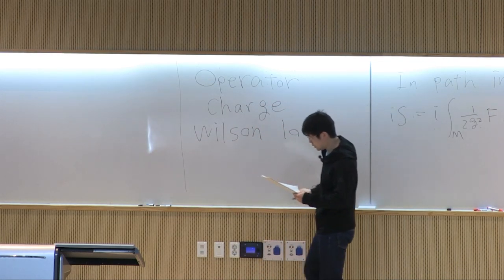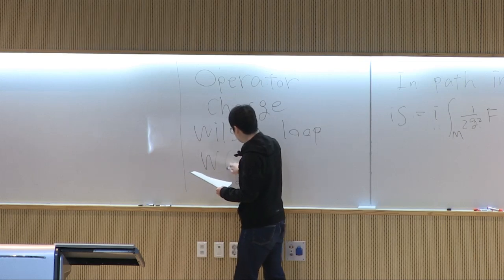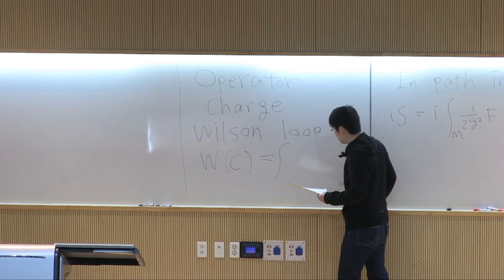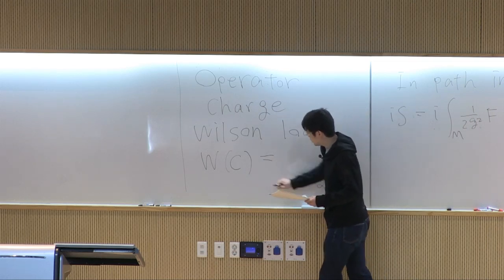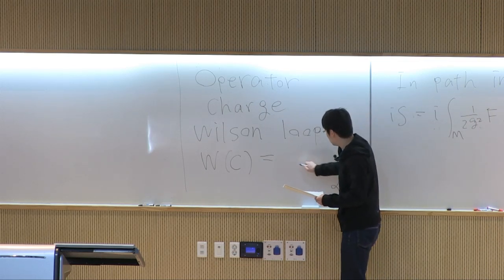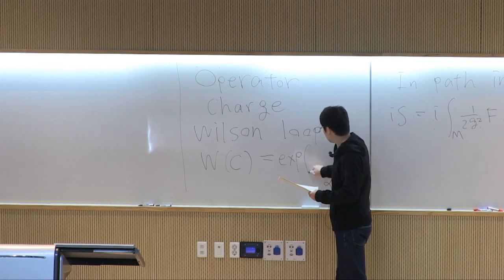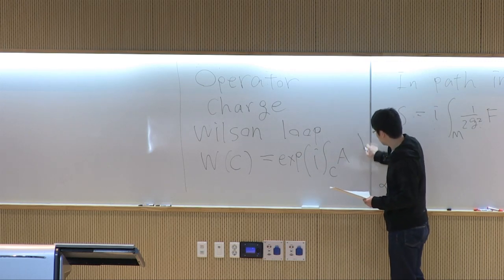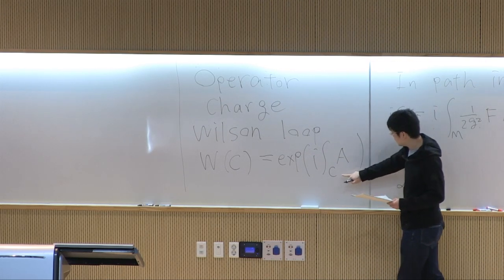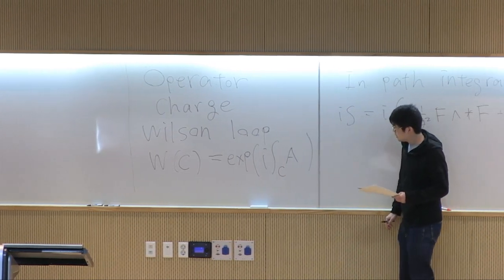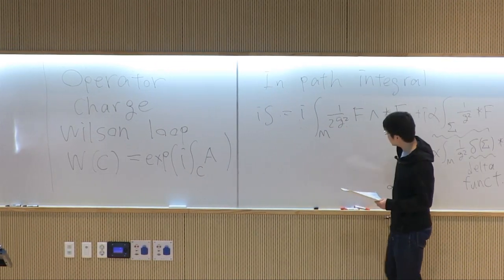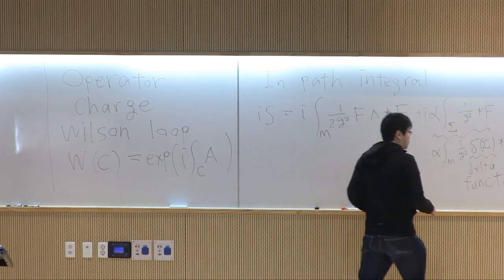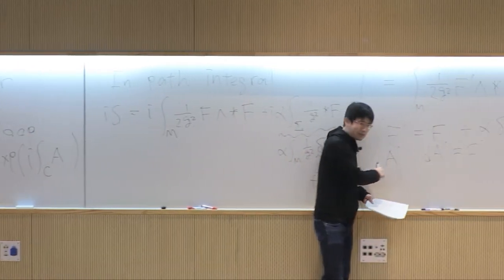The Wilson loop operator depends on some loop, which I denote by C. It is an exponential of the gauge field around C. By the way, from now on, I just drop this prime.